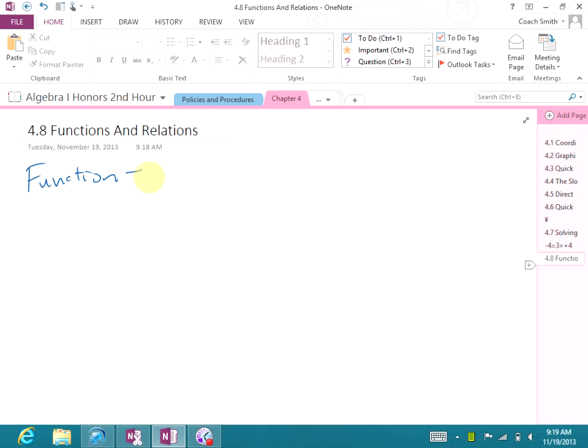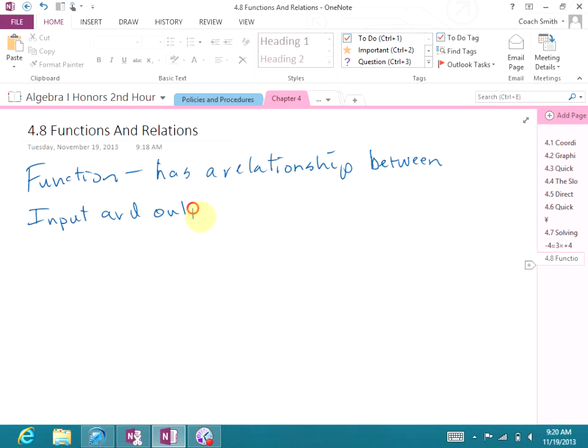A little bit this year, but a function has a relationship between input and output values. Okay?